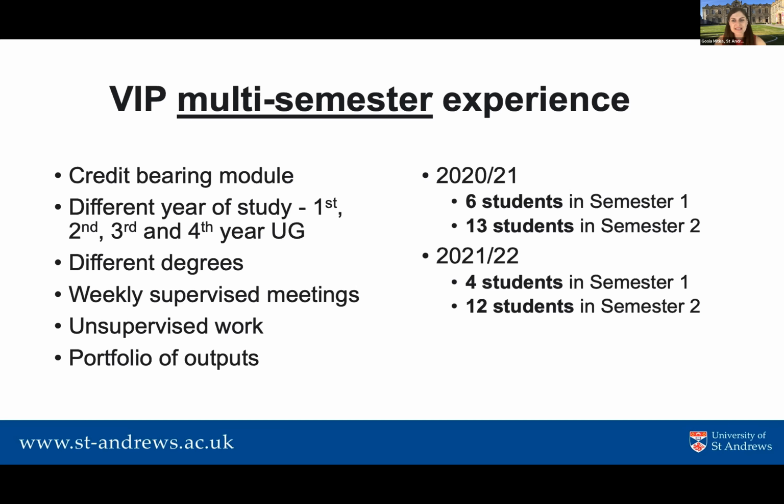Now, on the right, you can see that this project was running already for 2 years, 4 semesters since 2020. We usually have less students in the first semester, and some students who started in the first semester continue for the second semester.